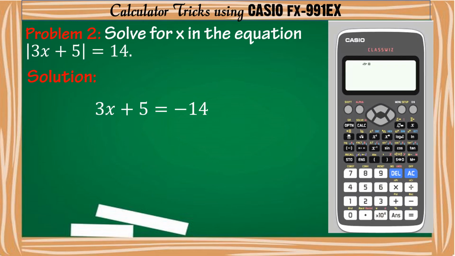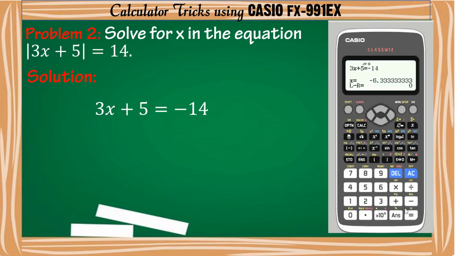And all they have to do is to enter the equation. So press 3, x below the on button, plus 5, alpha calc for the equal sign, and negative 14. To get the answer, we have shift, calc, and we will get the answer in decimal form, which is negative 6.333.